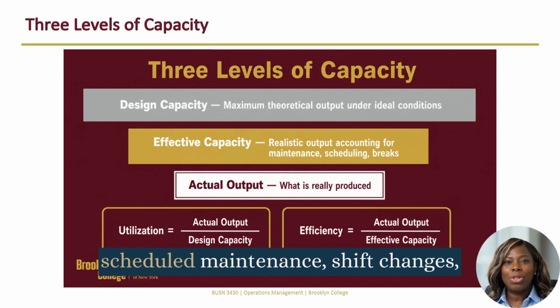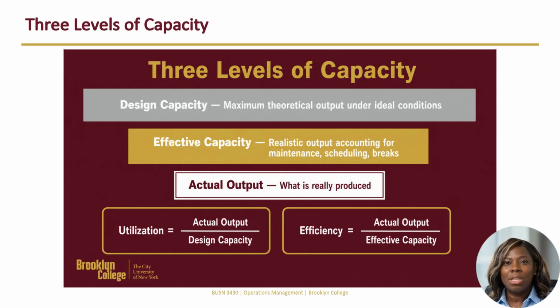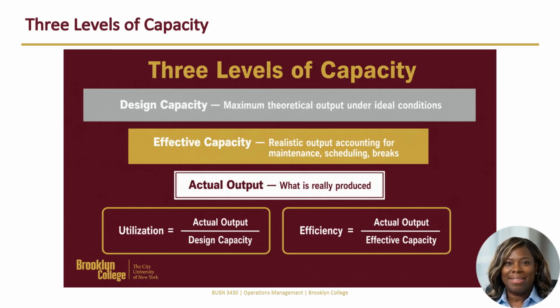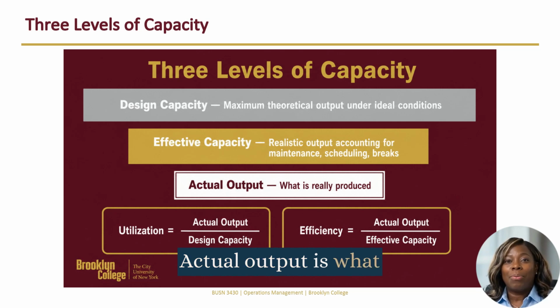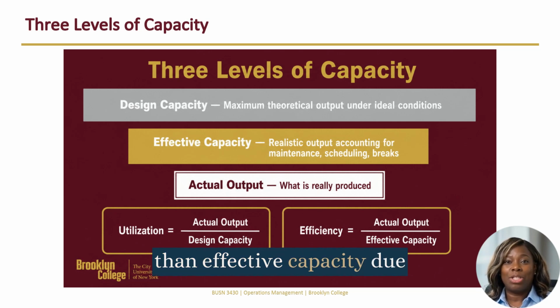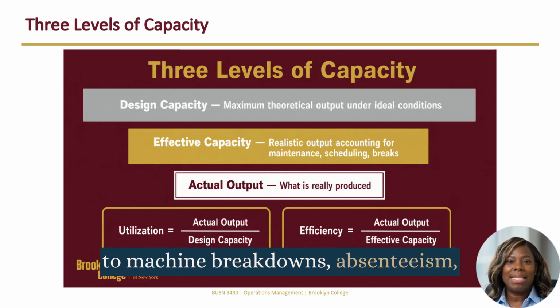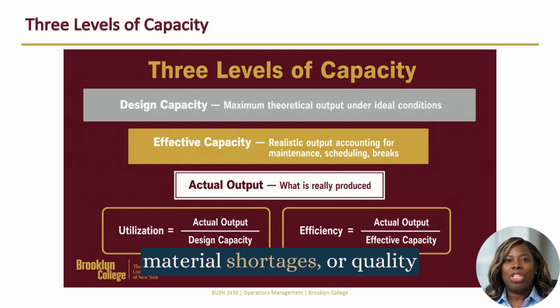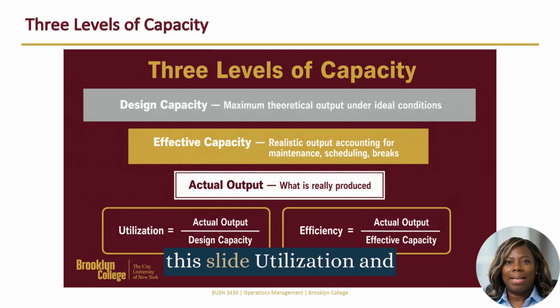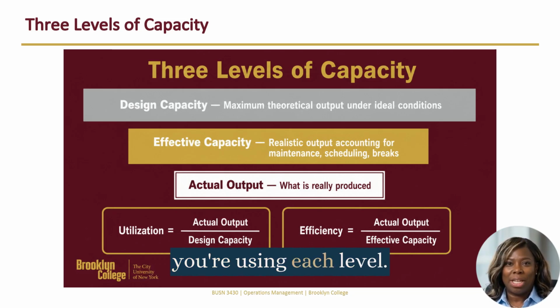It accounts for scheduled maintenance, shift changes, quality inspections, and normal operating constraints. Actual output is what really comes out the door. It can be less than effective capacity due to machine breakdowns, absenteeism, material shortages, or quality problems. The 2 formulas on this slide, utilization and efficiency, measure how well you're using each level.